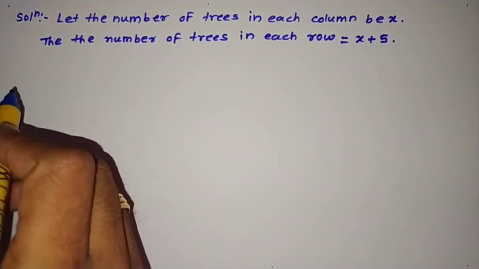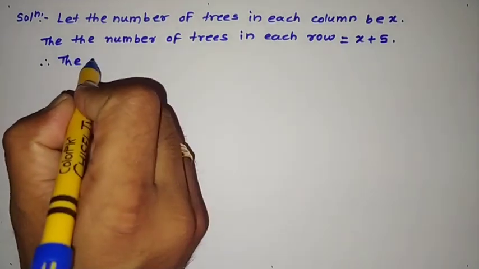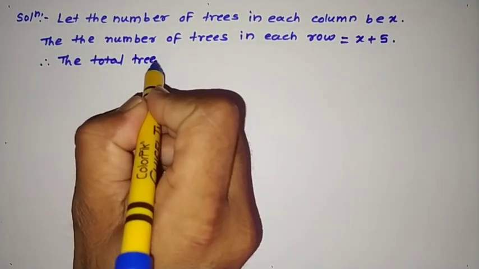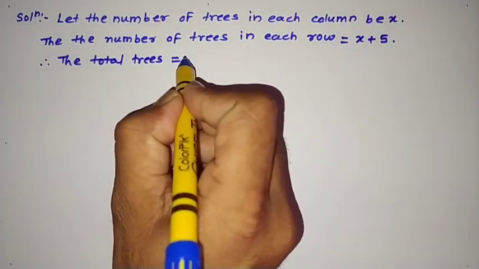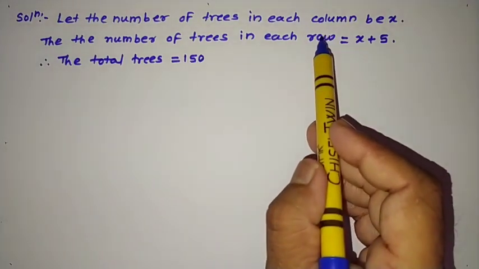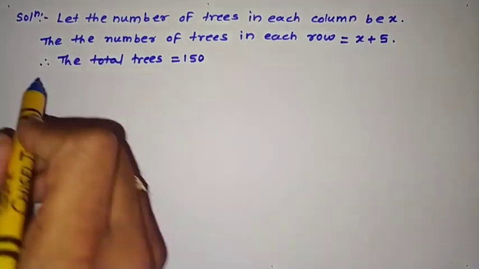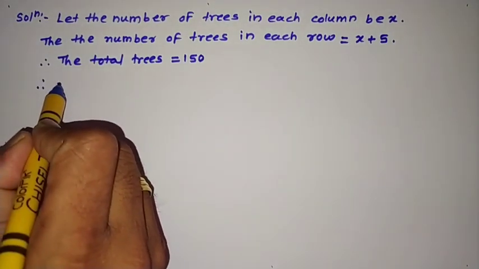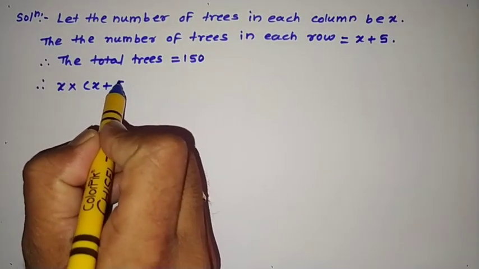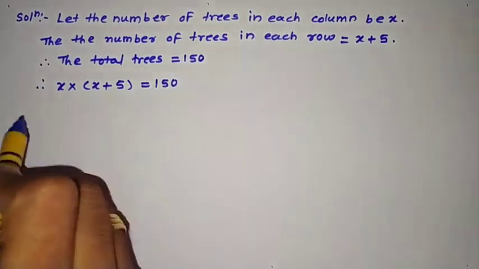Total trees, therefore the total trees is equal to 150. The multiplication of column and rows is equal to 150, so x into x plus 5 is equal to 150.